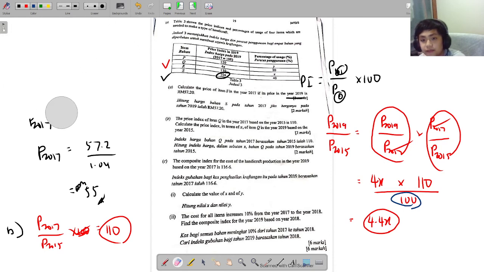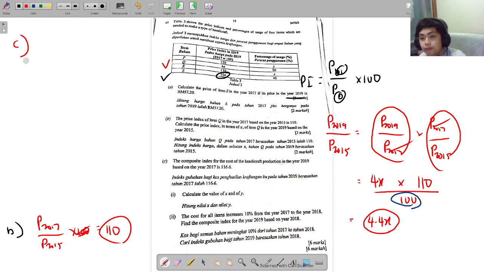So from here, we have part C. The composite index for handicraft production in the year 2019 based on the year 2017 is 116.6. So we know P 2019 over P 2017 equals 116.6. They ask us to find x and y. So we can count the price index based on what we have here, because the formula for composite index is summation IW over summation W. It means you add the index times the weightage, divided by the total weightage.